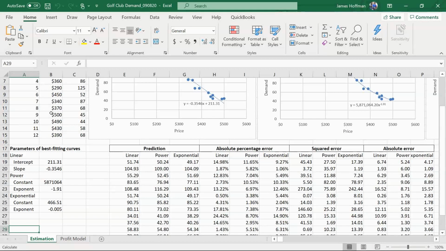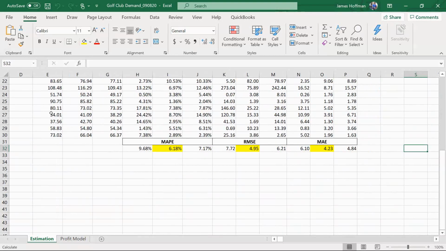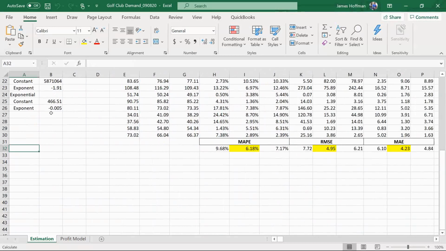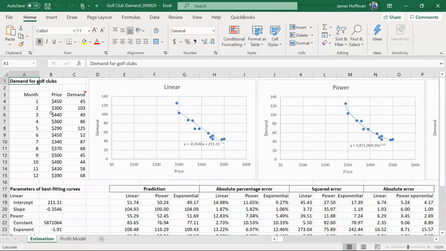And after doing some error measures, we determined that the power fit, I think, is the best one. So we had the lowest of each of the types of errors. Okay, and so we finished basically this golf club demand spreadsheet.